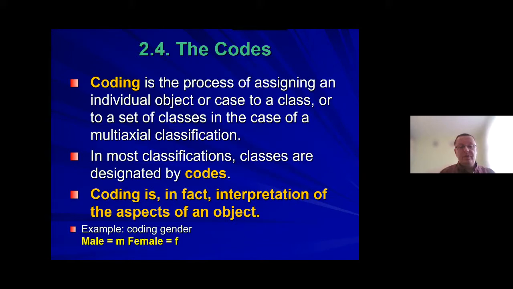So according to this, the process of assigning an individual object or class to a class or to a set of classes, in the case of multi-axial classification. Most classification classes are designated by codes. And coding, in fact, is the interpretation of aspects of an object. A simple classification that's used a number of times, but maybe we don't even assume that it's classification in coding usage, is replacing gender statements with codes, M for male and F for female.